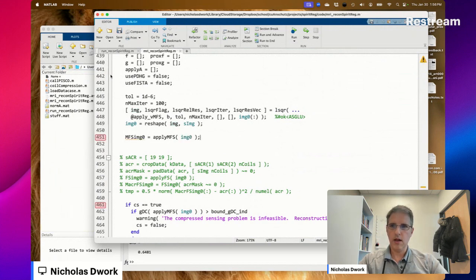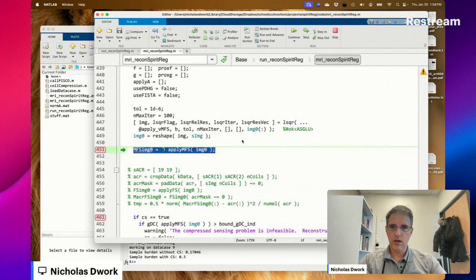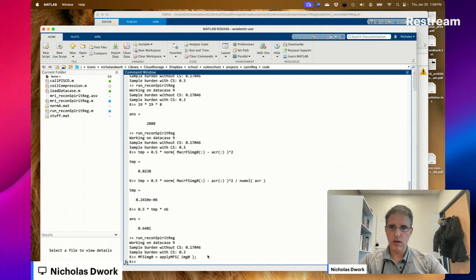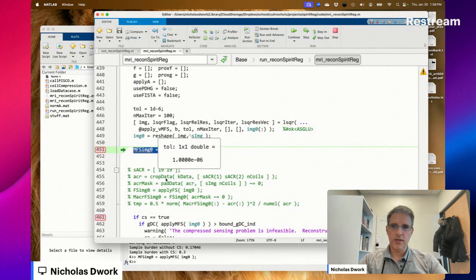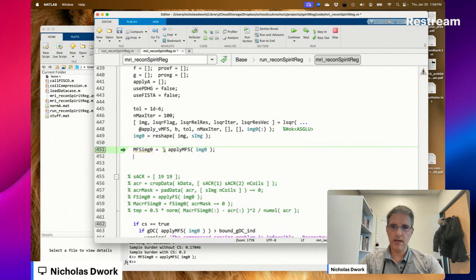Okay. So that's AX for the optimal image not that minimizes the L2 norm of AX minus B. Now let's compute that norm.